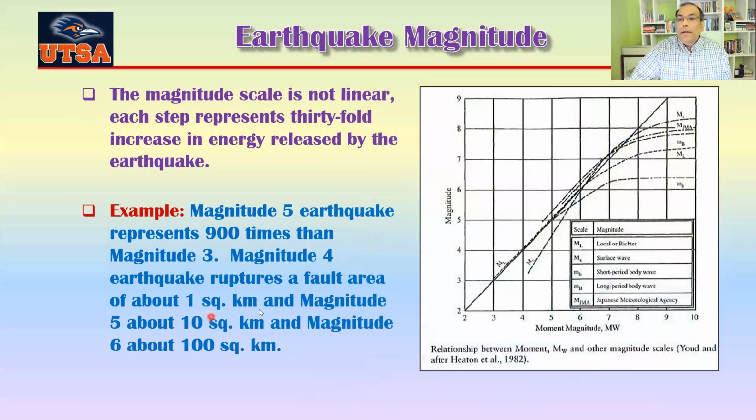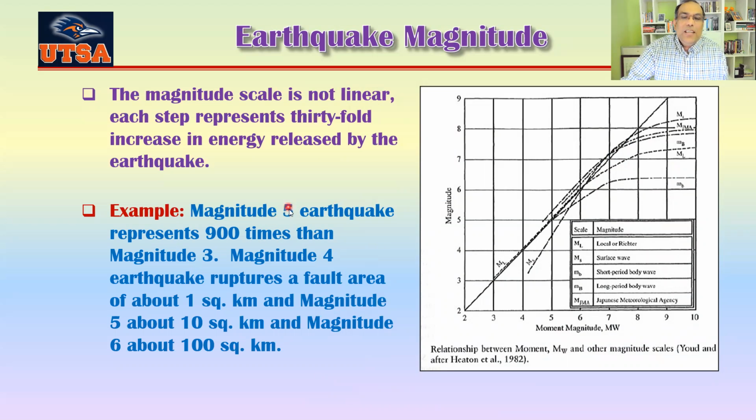Now you can see here that the magnitude scale is not linear. These are just log scales. Each step represents a 30-fold increase in the energy released by the earthquake. Okay, so a magnitude 5 earthquake represents 900 times a magnitude 3.